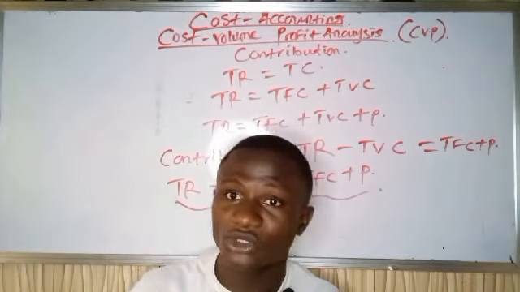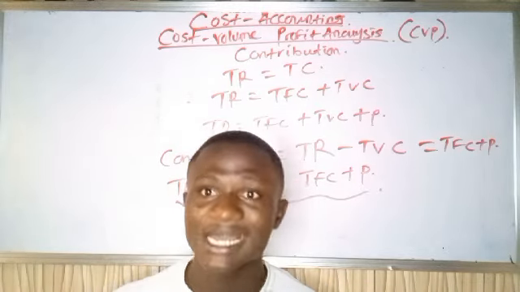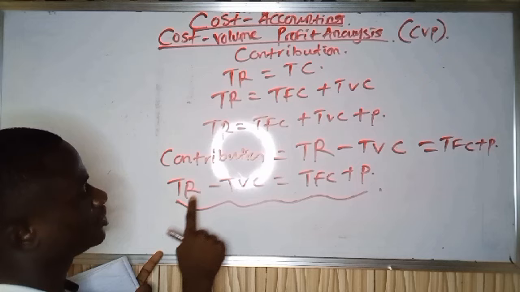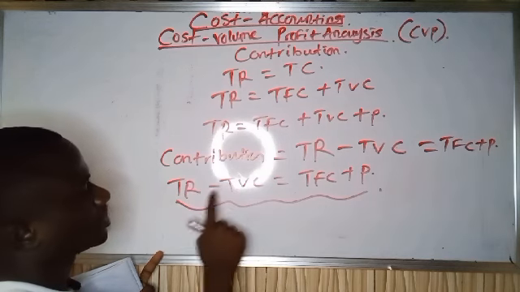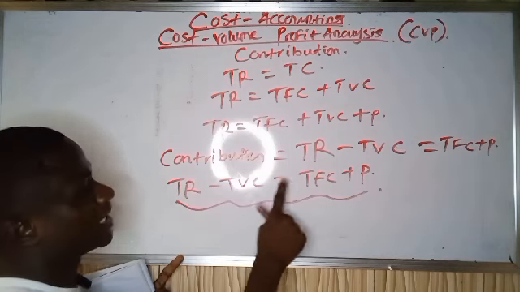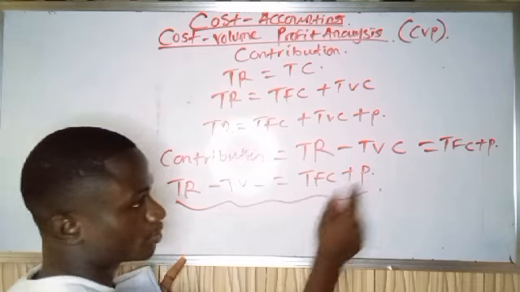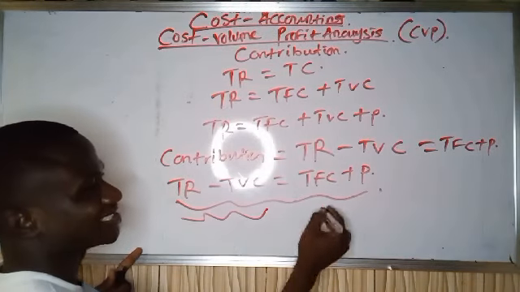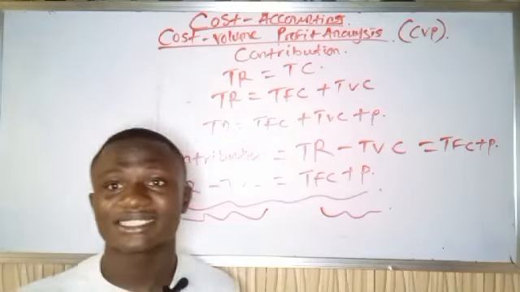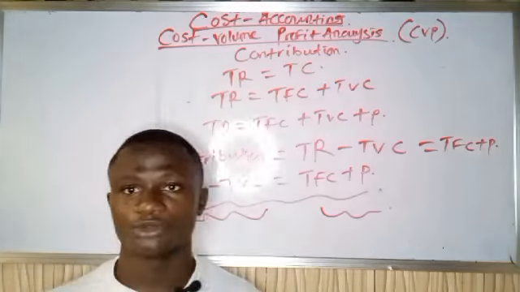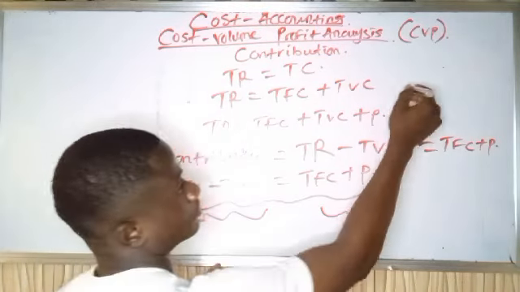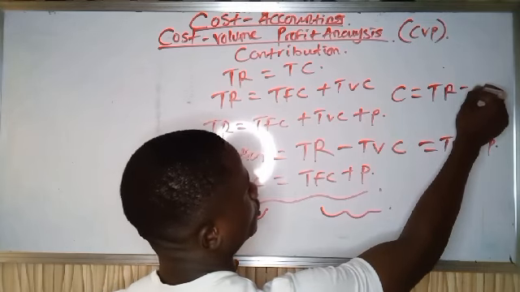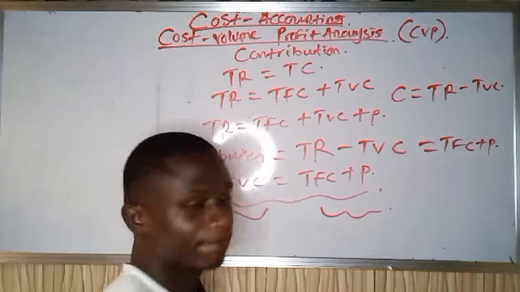So it is in that 400 that I have my fixed cost and my profit. Because if you look at this equation, when I subtract total variable cost from total revenue, I have my total fixed cost plus profit. So whether you use the left hand side or the right hand side of the equation, that is the formula for your contribution. So your contribution is equal to total revenue minus total variable costs.